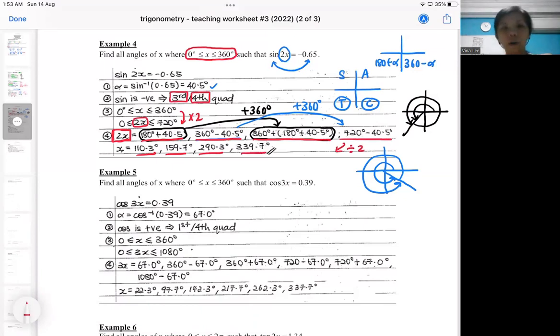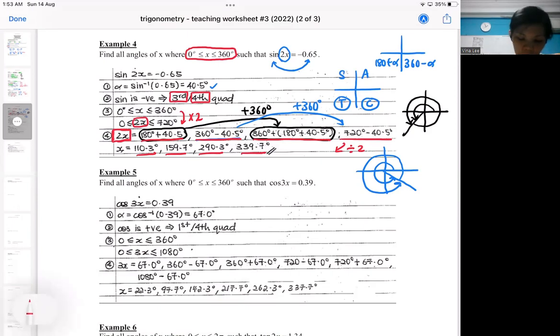So 2x traveled through the third quadrant 2 times. 2x also visited the fourth quadrant 2 times. That's why there are 4 answers for 2x. And because there are 4 answers for 2x, each of the angles you divide by 2. So eventually you will get 4 answers for x.